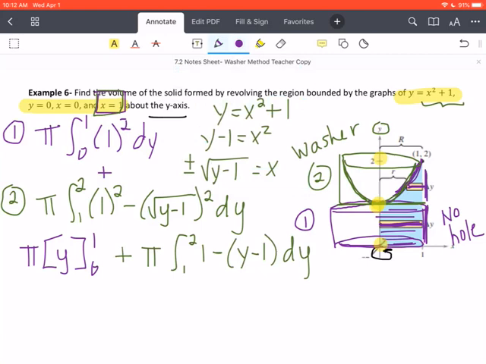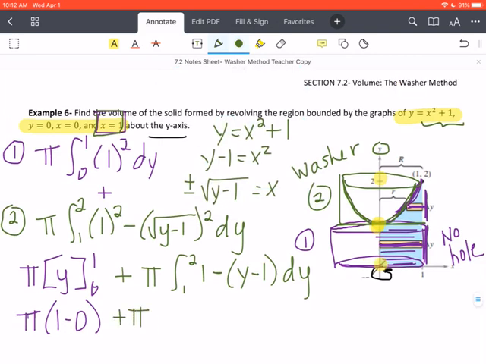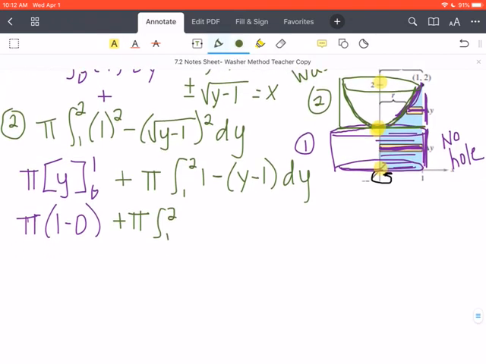So I have pi times, let's see, 1 minus 0. And then in the green, I'm going to combine some more things. So I have pi, still not going to integrate, but using proper notation. That's very important. And so I have 1 plus 1, really, because of the double negative, minus y.